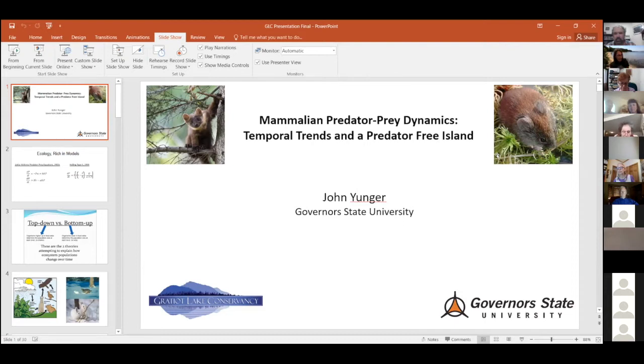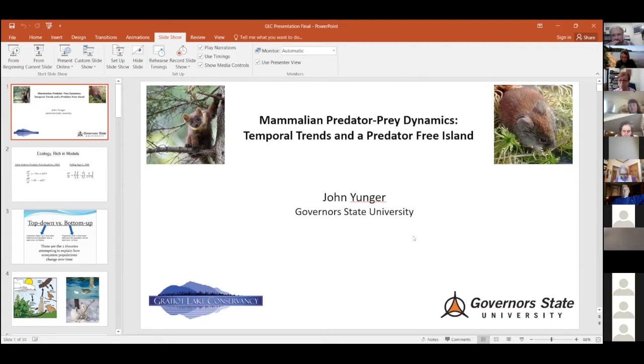John is a professor at Governor State University in Illinois, and he's a biology professor, and his specialties are population ecology, vertebrate zoology, and conservation biology. He and his wife Linda and their son have a camp in Gay up in the Keweenaw. So he's got a real deep connection to the area, even though he doesn't live there all year.